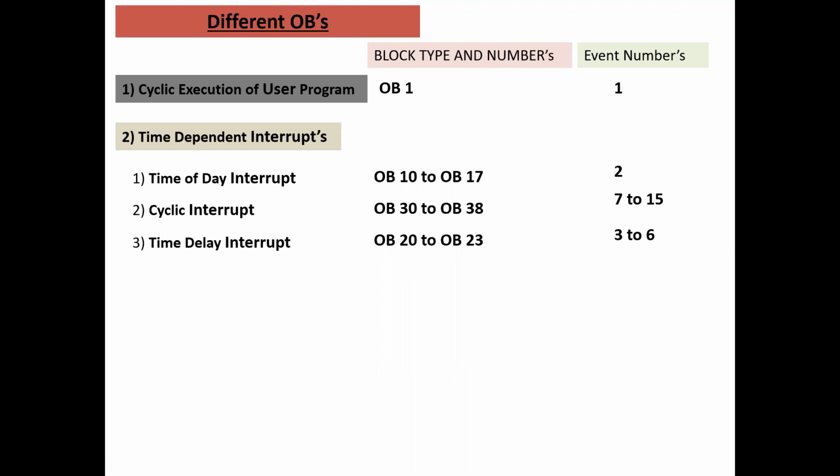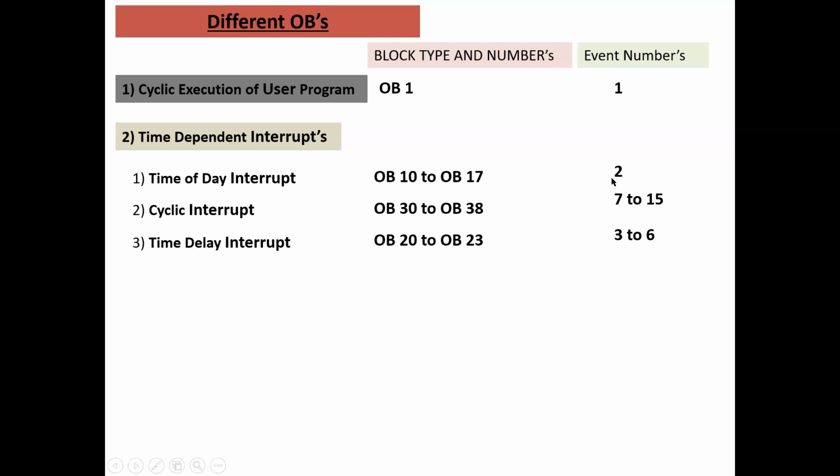Then if any other block, like OB number 10, you are using, its event number is 2. So at a particular date and time, like Monday at 9 a.m., some motor should be on. When that particular day and time occurs, it checks with OB1 and OB10 event numbers.